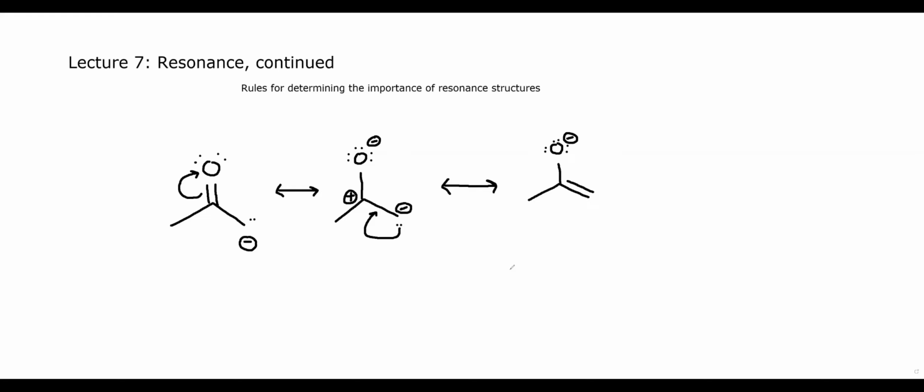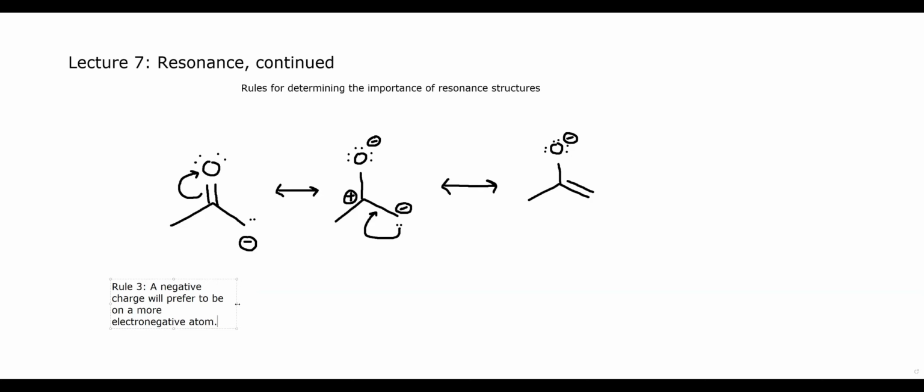Now, based on this rule, what would be the best resonance structure? And that rule is rule number 3. A negative charge will prefer to be on a more electronegative atom.